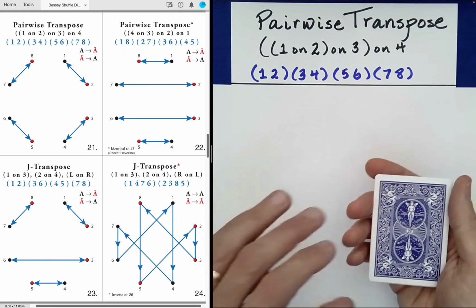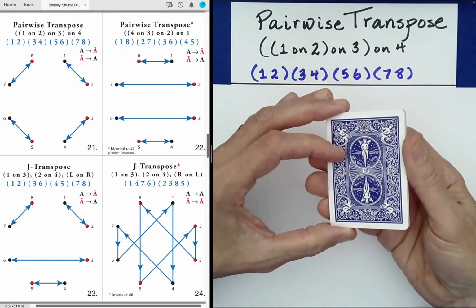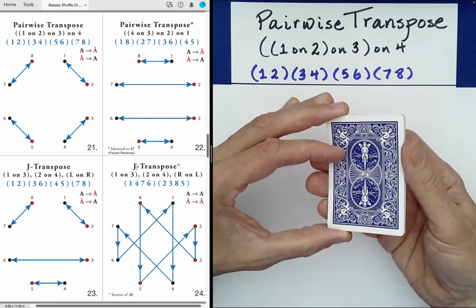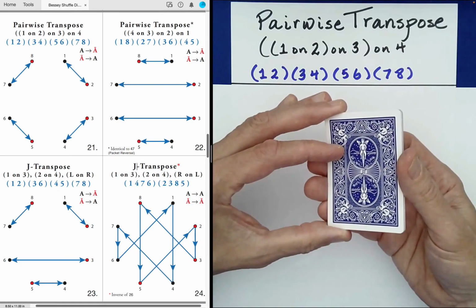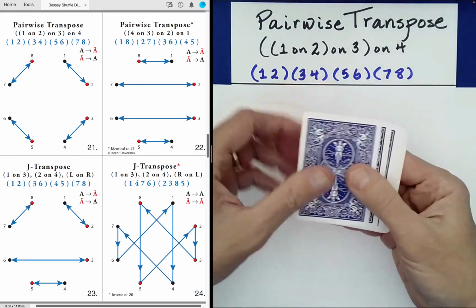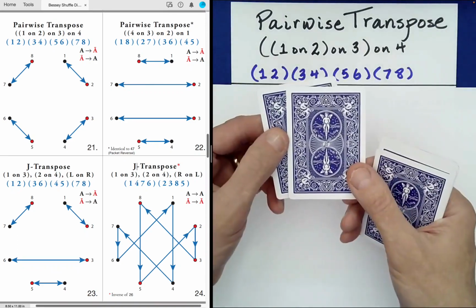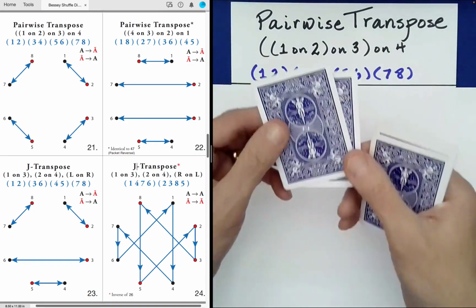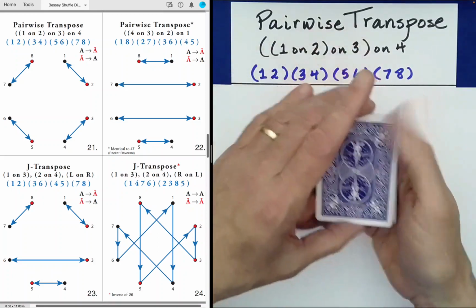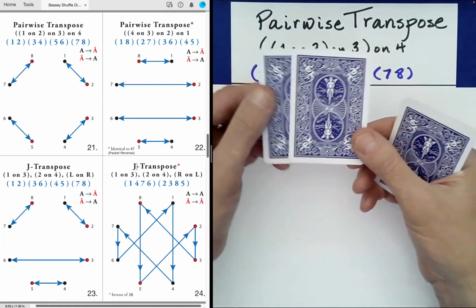Let me take a moment and explain the reason for the name and how there are different ways to accomplish this precise shuffle. A transpose is where if you have two things, if you change their positions or orders, that's called a transposition. A pairwise transpose is where you take the top two cards and switch them like this.